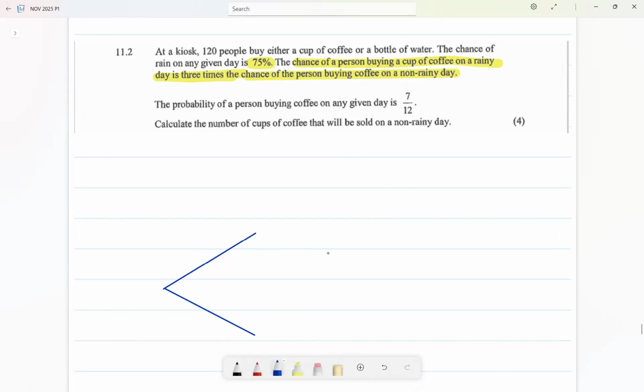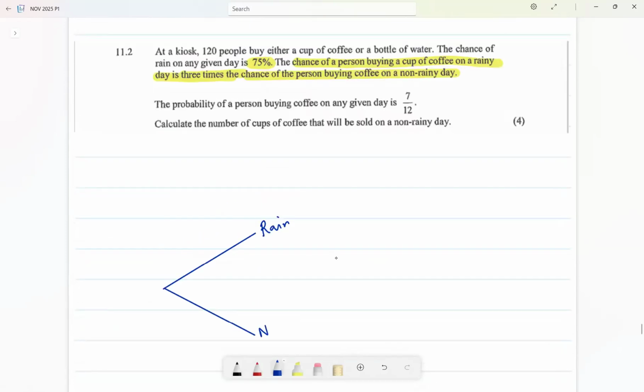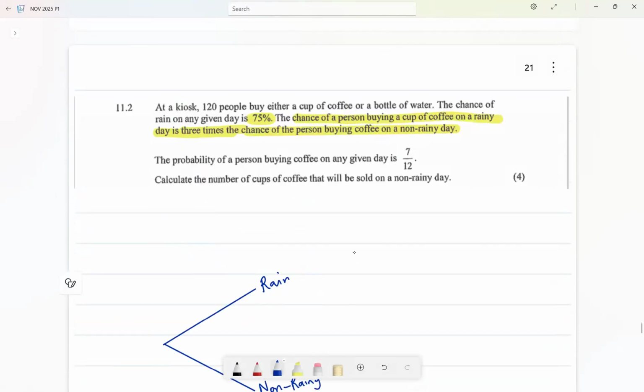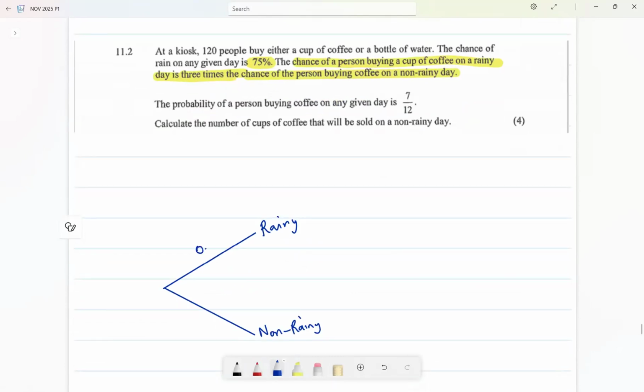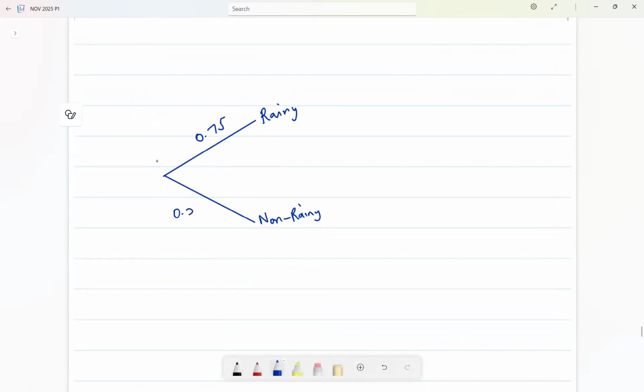We depend on weather, if it is rainy or no rain. They tell us that the chance of rain on that particular day is 75%, which is 0.75. This means the chance of no rain is 0.25, because the total probability is 100%, or just one in terms of decimal.